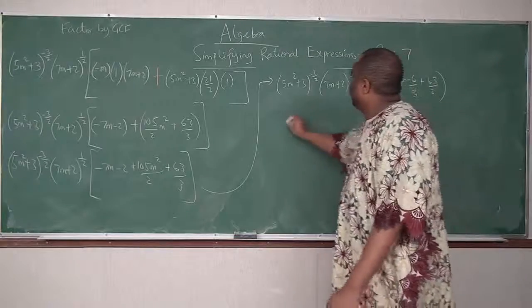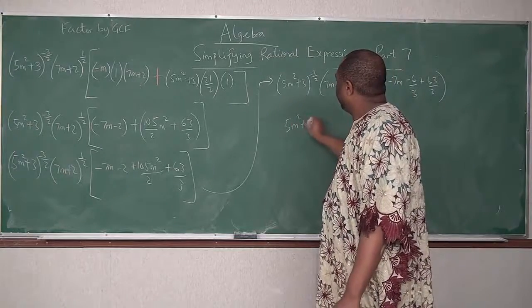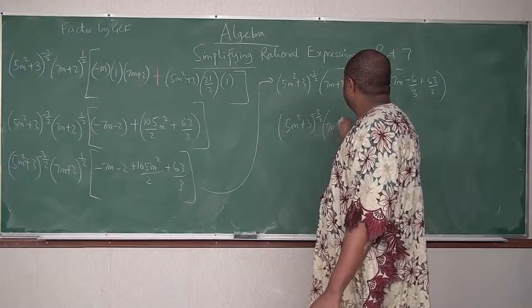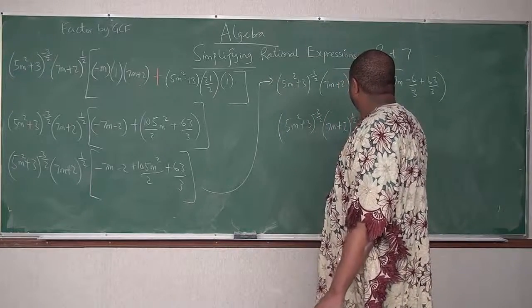So this will be 5m squared plus 3 exponent negative 3 over 2 times 7m plus 2 exponent 1/2.